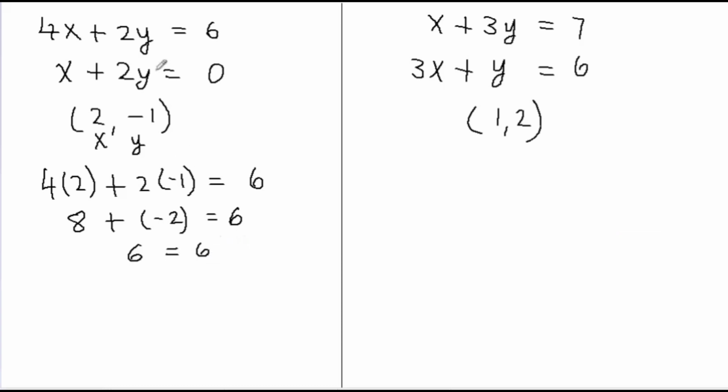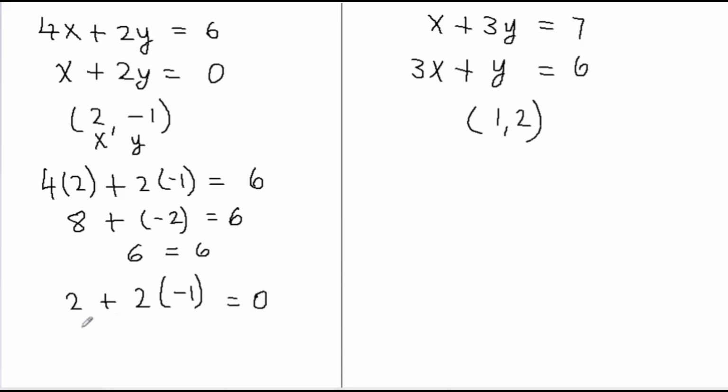Now let's check the second equation. We're going to do the same thing: plug in the value of x and y from the ordered pair into the second equation. The second equation is x plus 2y equals 0. X is 2, plus 2 times y, which is -1, and this should be equal to 0.